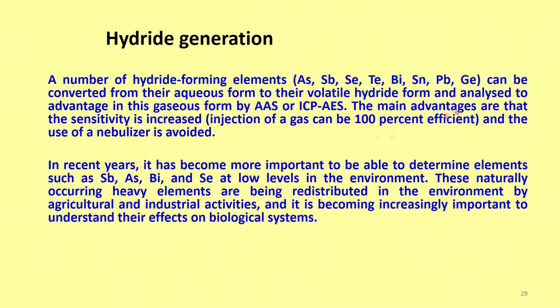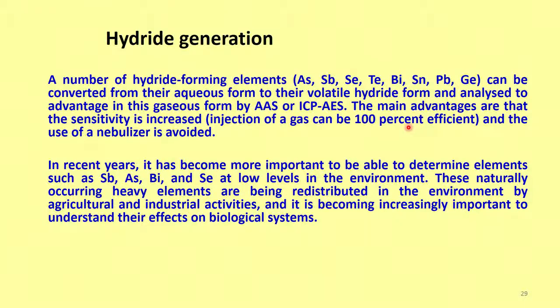The detection limit for hydride generation elements is of the order of about 1 ppb, 0.1 ppb, and nowadays there are instruments which will measure in parts per trillion, that is 10 raised to minus 12 grams, quantitatively. So, in hydride generation I do not need a nebulizer.